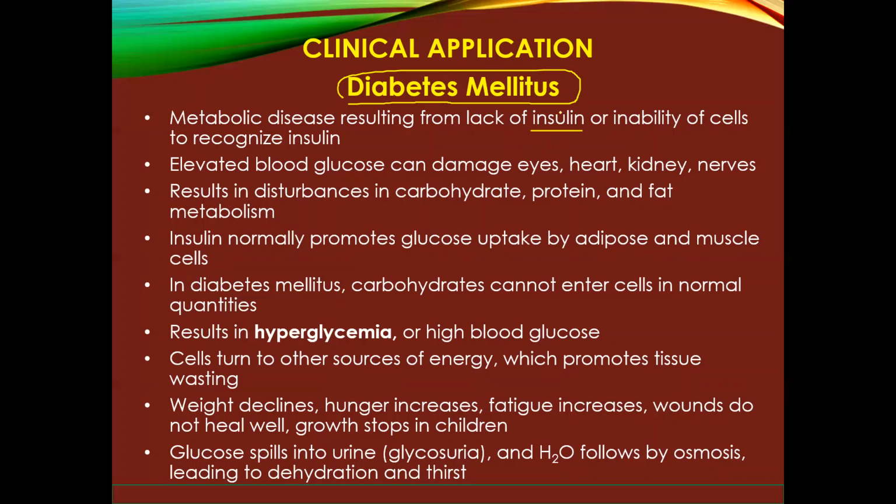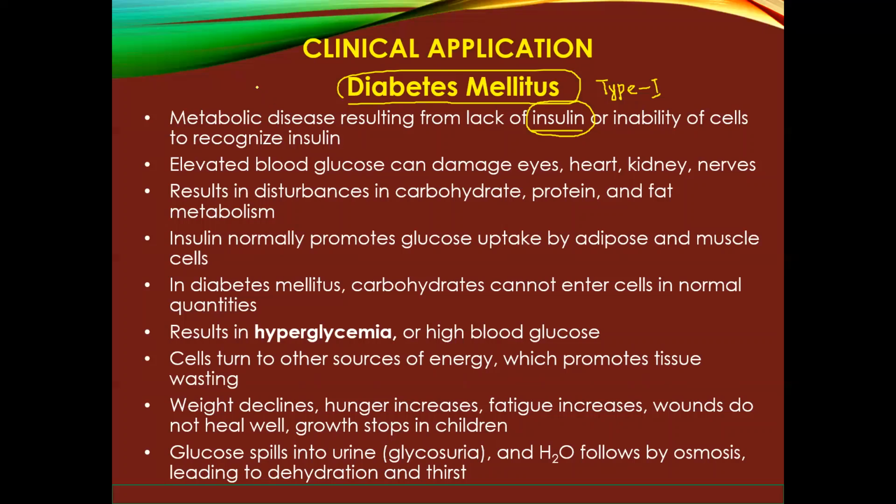In type 1, they usually do not produce insulin. Gradually they will produce less and less, and finally will not produce insulin. So type 1 diabetes will require insulin injection, because they are dependent on the insulin.